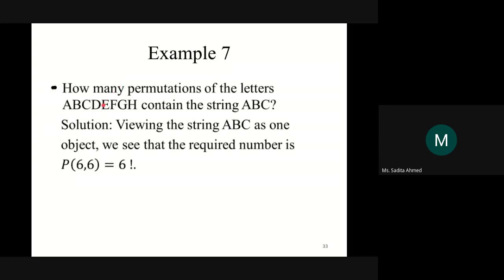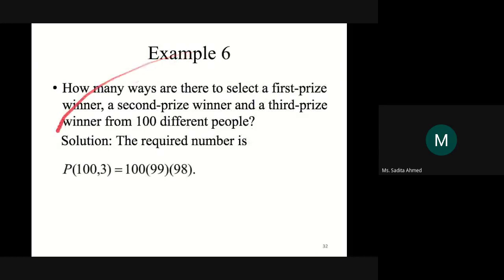What if instead of this, they ask you to count the number of permutations with only 3 letters? Similarly, for example, why do we have P103? Because from 100 distinct options, you are selecting only 3 distinct options and rearranging them to count the permutations.